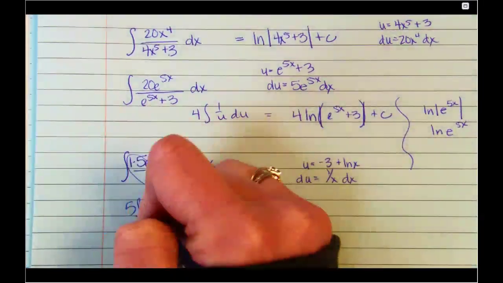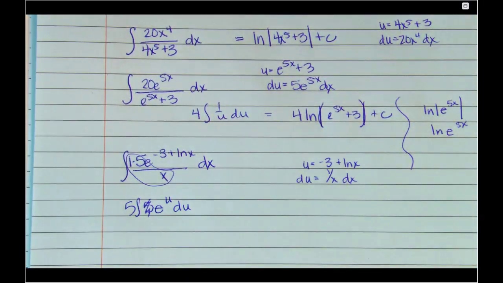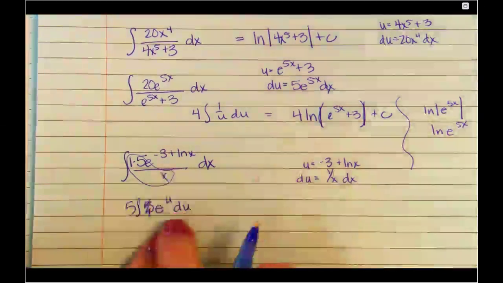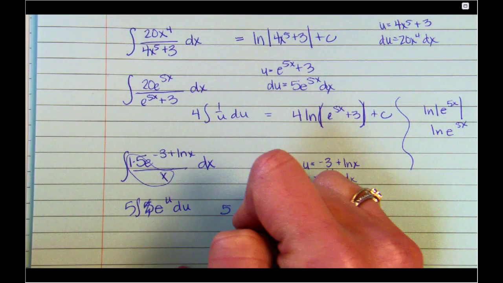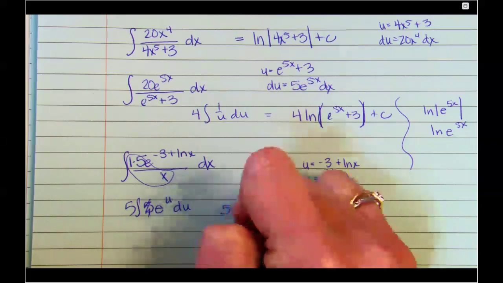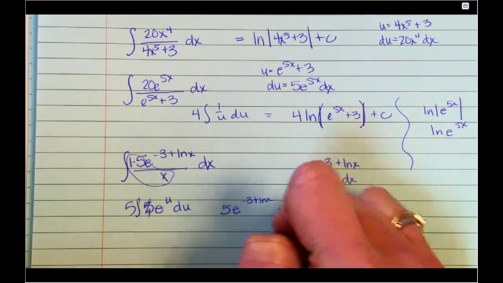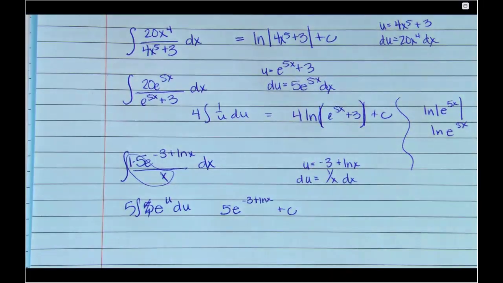Then the antiderivative of e to the u is e to the u. So it's 5e to the negative 3 plus natural log x, plus c. And you're done.